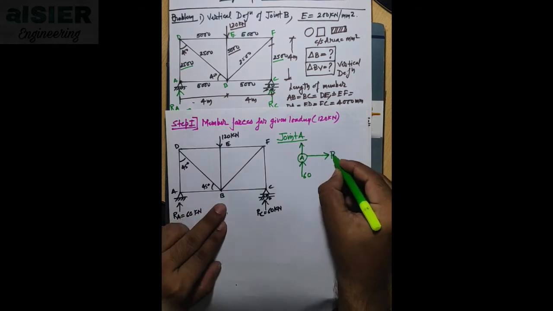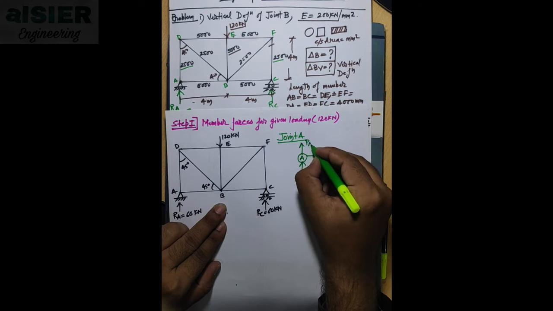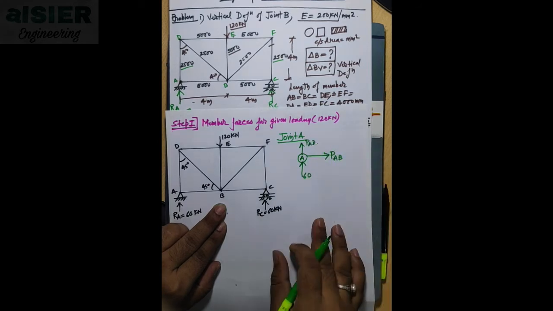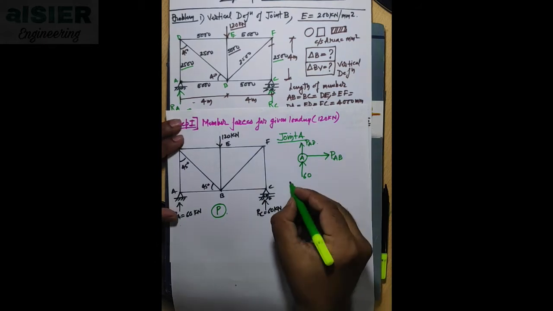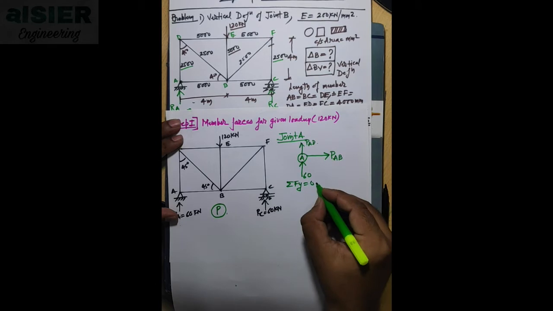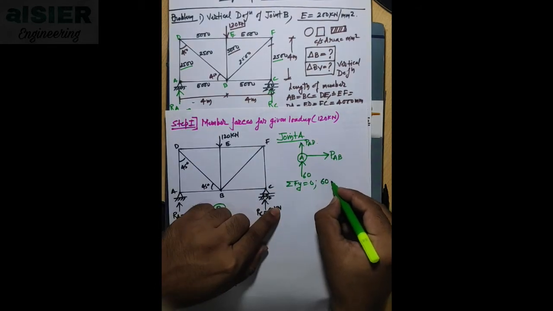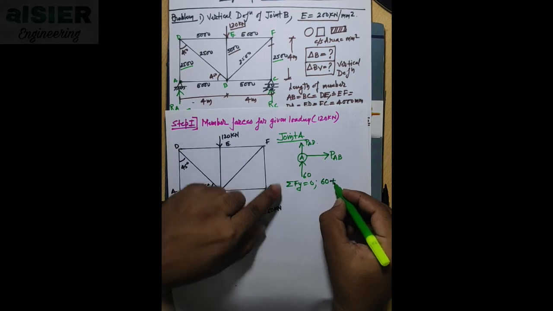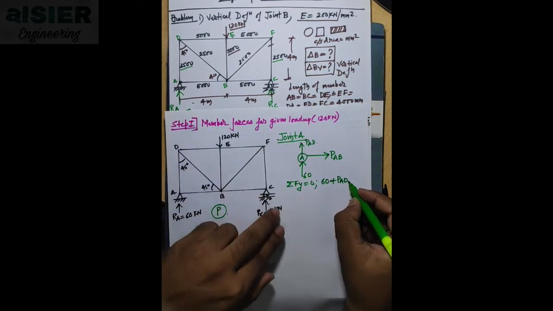And we will name this PAB and this PAD. So we are interested to calculate this PAB and PAD. First we will do summation of Fy equals 0. Now 60 is going upwards, so 60, then plus PAD is also going upwards, so PAD. Is there any other vertical force?